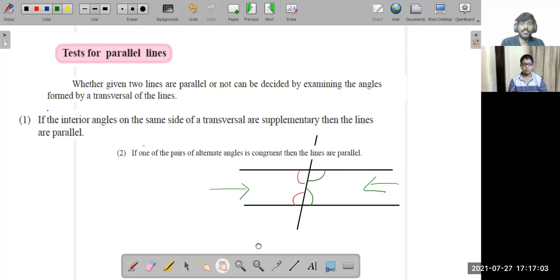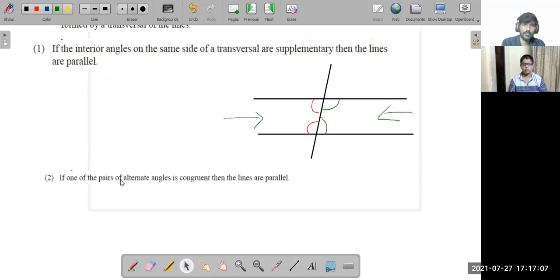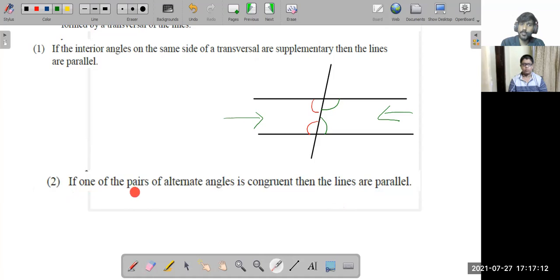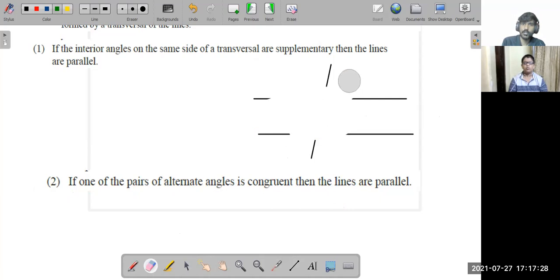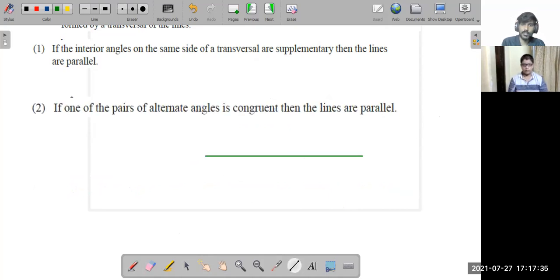So the second test says, if one of the pairs of alternate angles is congruent, then the lines are parallel. Any one pair of alternate angles should be congruent to each other.